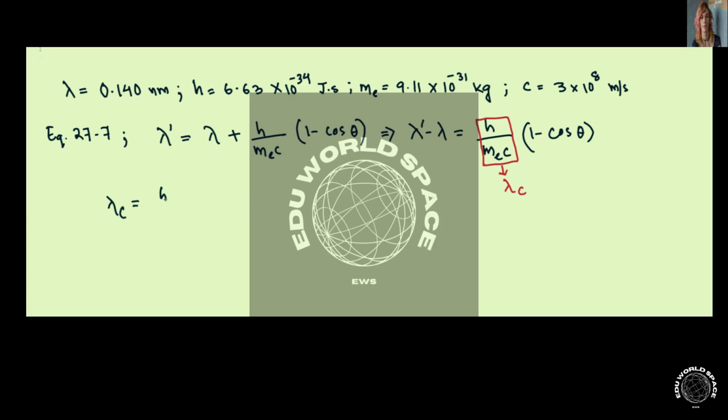So lambda c is h over MEC, and h is Planck constant over mass of the electron times the speed of light.